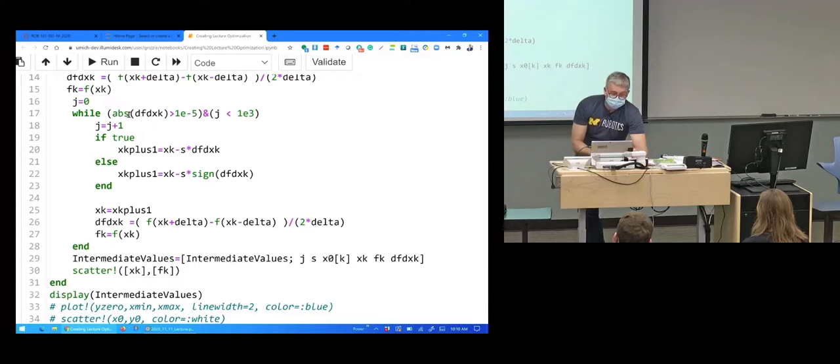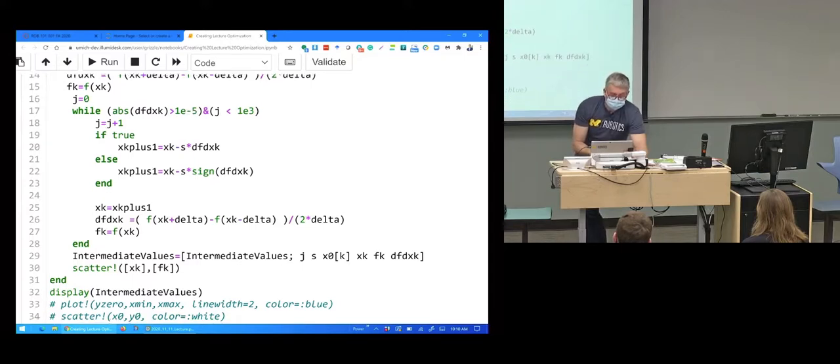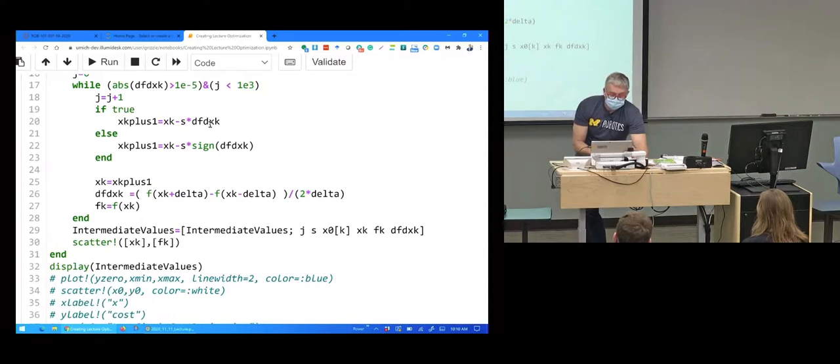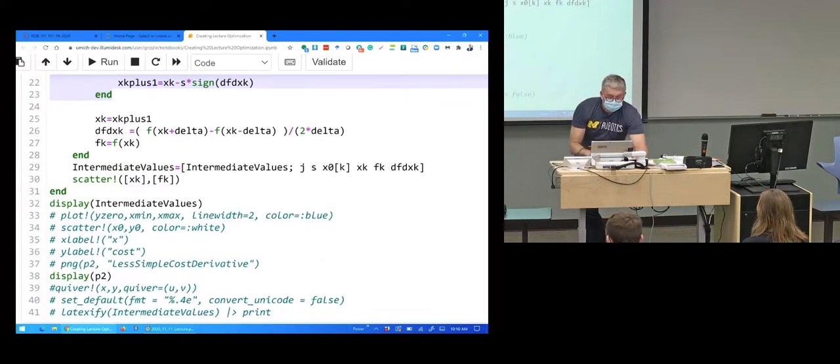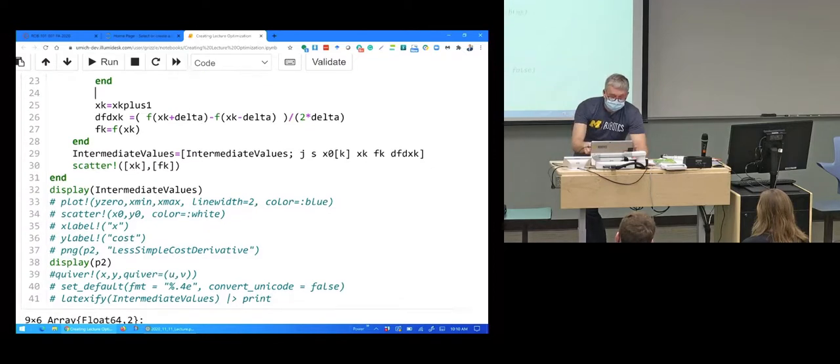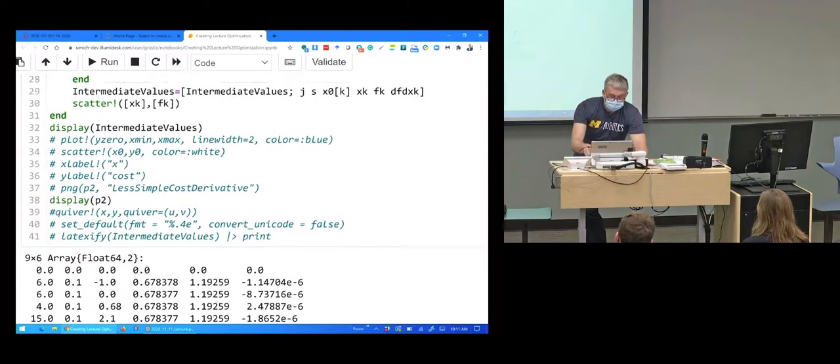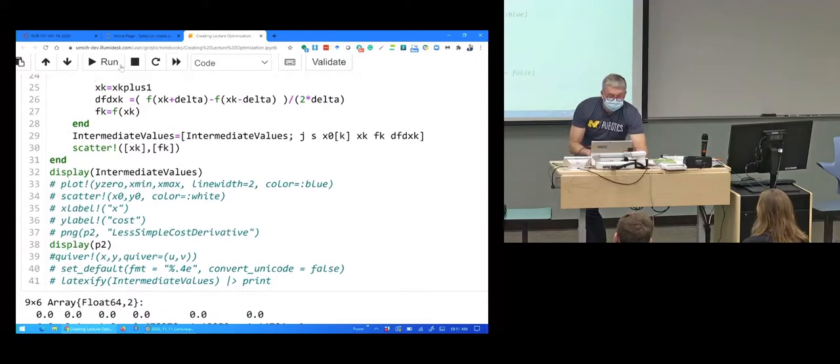Okay, so if the absolute value of the derivative is bigger than 1e to the minus 5, that's my tolerance, and I'm only doing 1,000 loops, then I'm just doing a gradient descent. And this is an option. Okay. Reset x, I don't really need the xk plus 1. And then I do my symmetric differences and I'm calling it delta. Okay, bingo. So we'll just run that really quick.